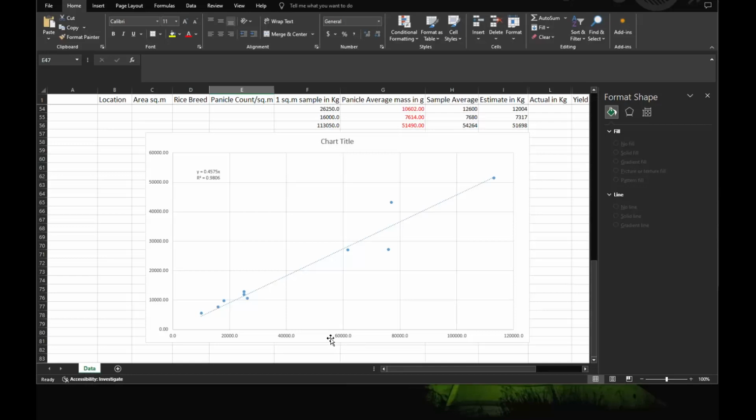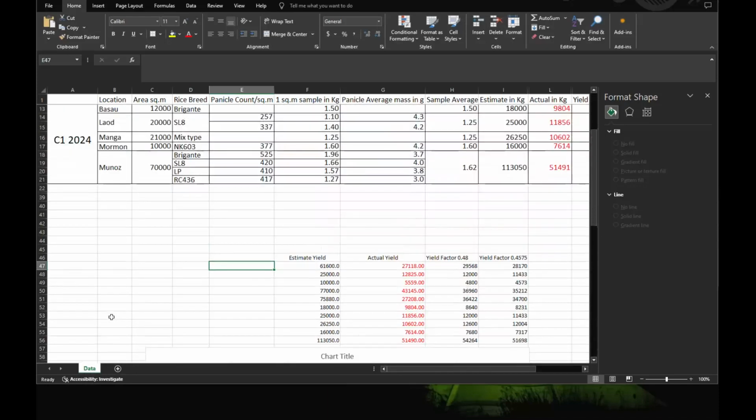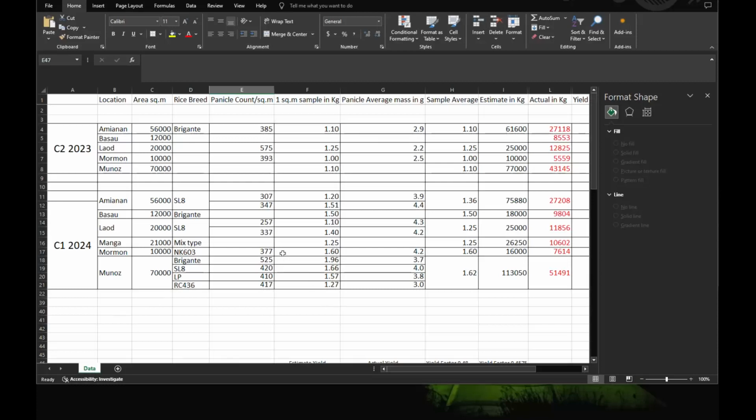And what can you do with this data? You look at this particle count per square meter, and you want to be able to increase the mass, or kilos per square meter.